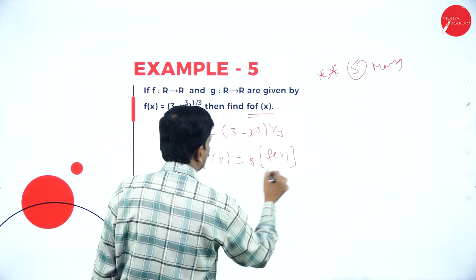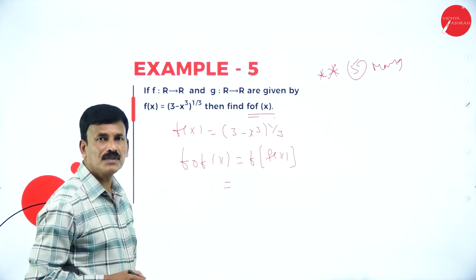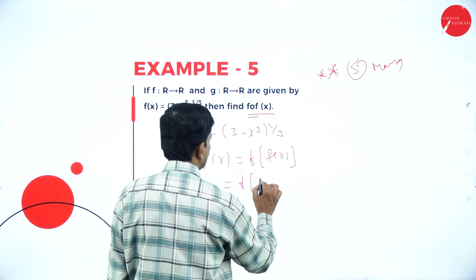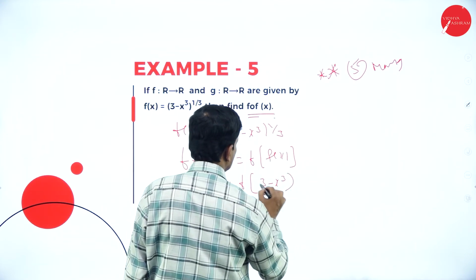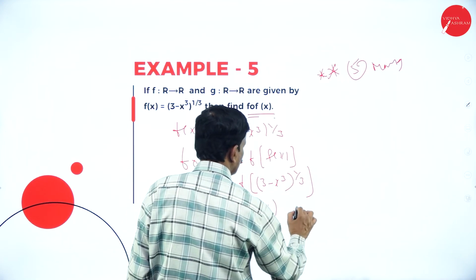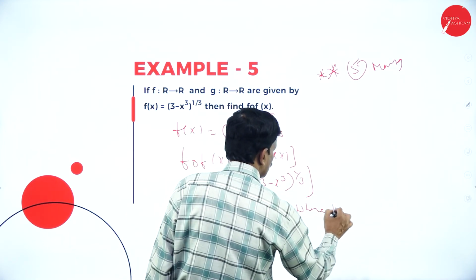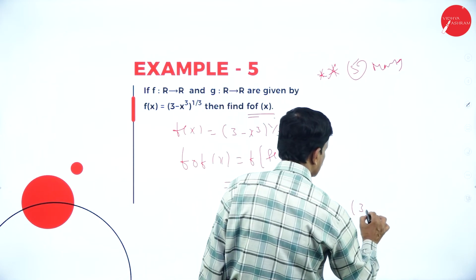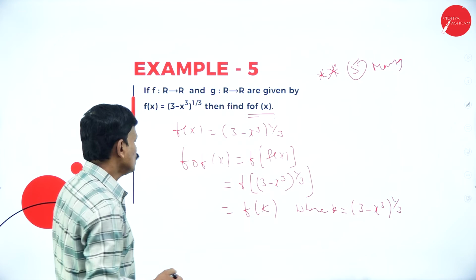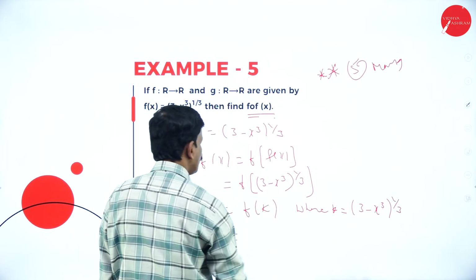This is equal to f of f of x. So this is a function of x. What is f of x? (3 minus x cube) whole raised to 1 by 3. Let us call it k as usual, where k is equal to what is inside the bracket, that is (3 minus x cube) whole raised to 1 by 3. Now what is this equal to? F of k.